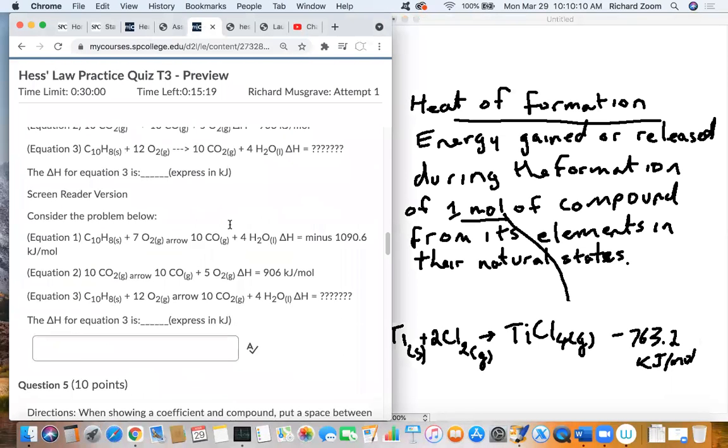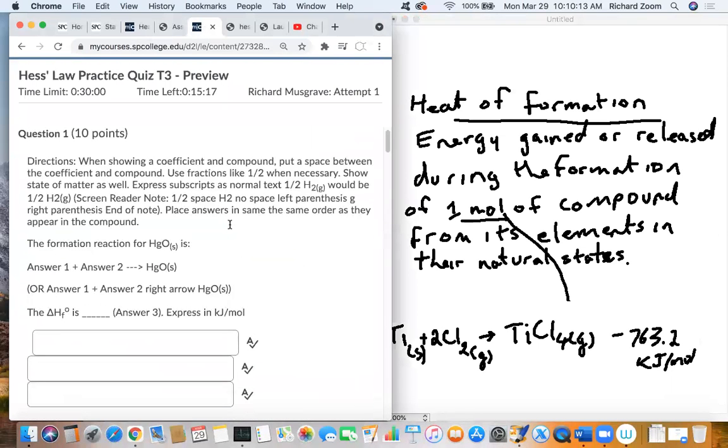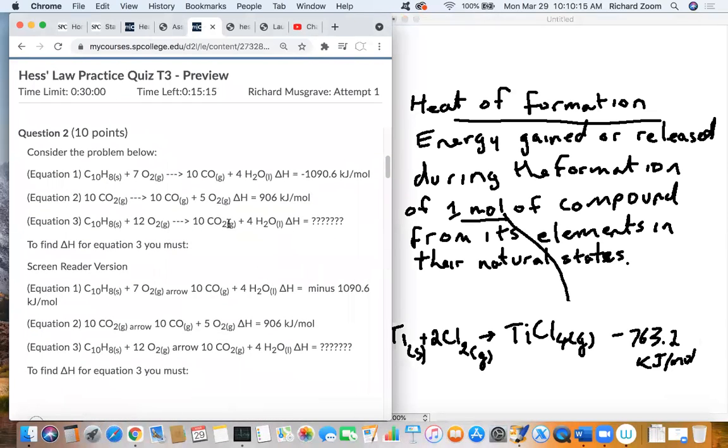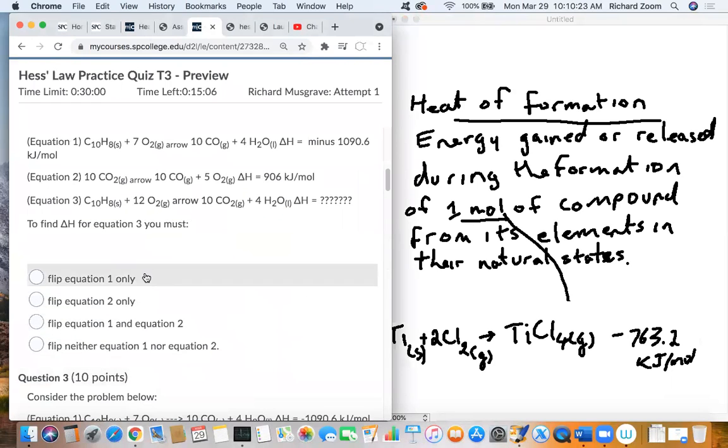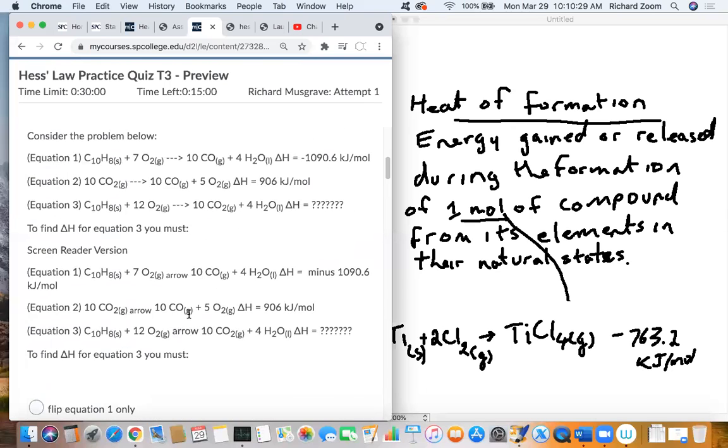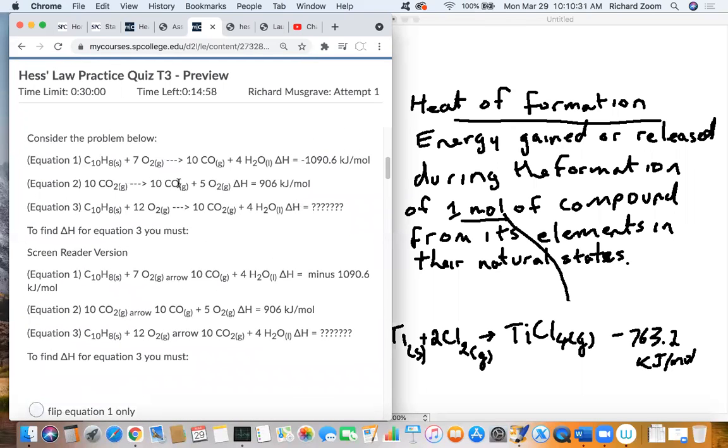Let's look at some of the other problems here. So question 2, it says, consider the reaction below. To find delta H, you must do what? Flip equation 1, flip equation 2, flip equation 1 and 2, or flip neither equation 1 nor equation 2. So these are the 2 equations we have.